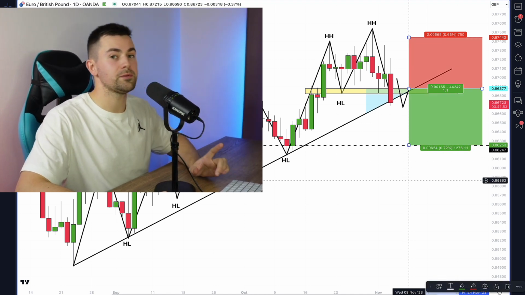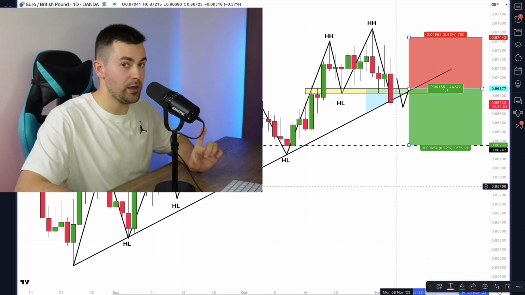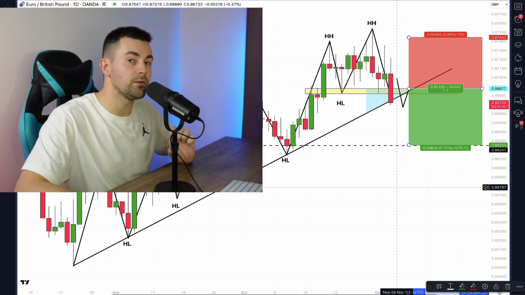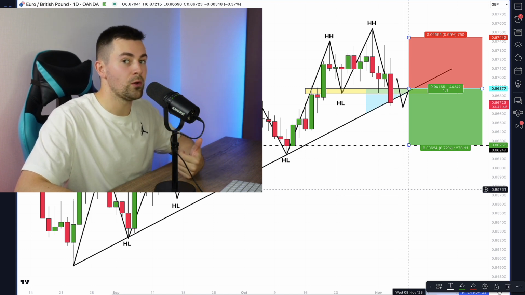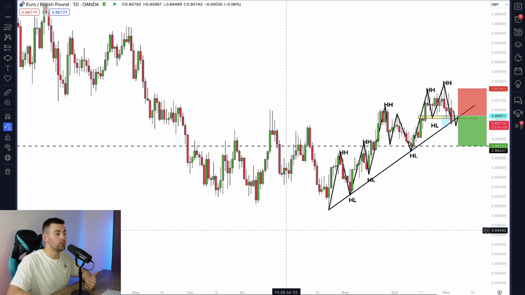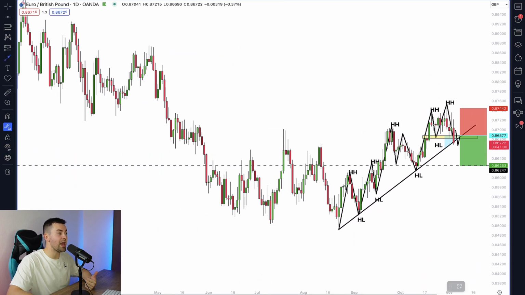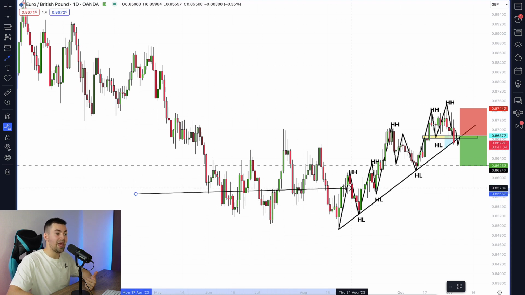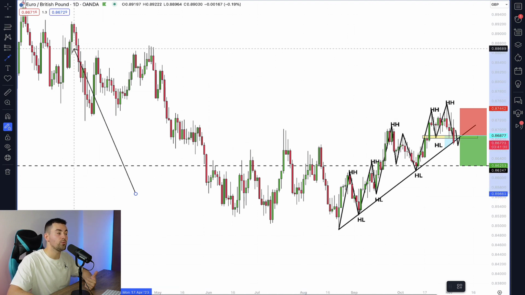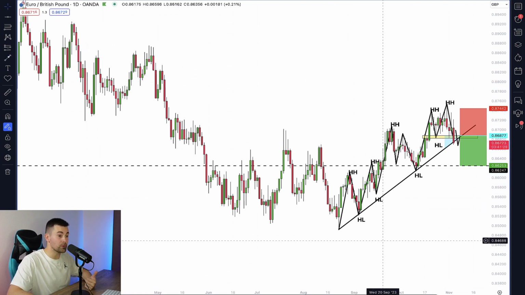And here comes the most important thing, traders. Remember that change of character signifies the violation of a trend. And if you zoom out the chart on your account, you can spot that the market is trading in a global bearish trend. And this bullish trend right here is just a correctional movement within this global bearish trend.